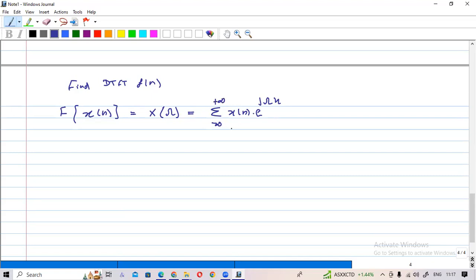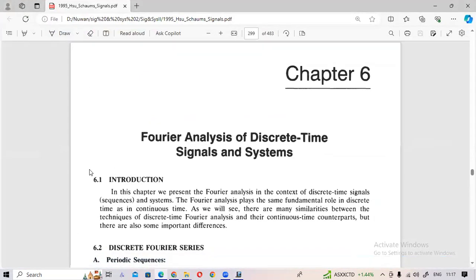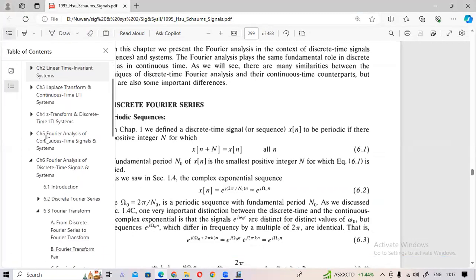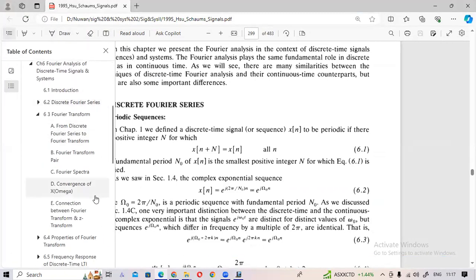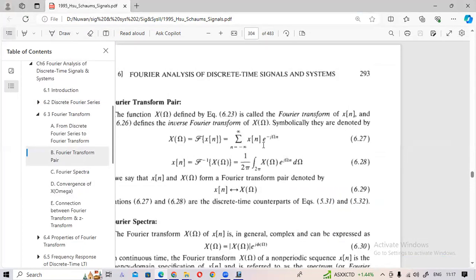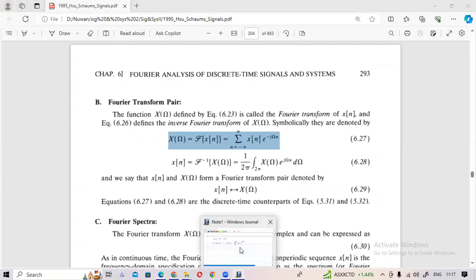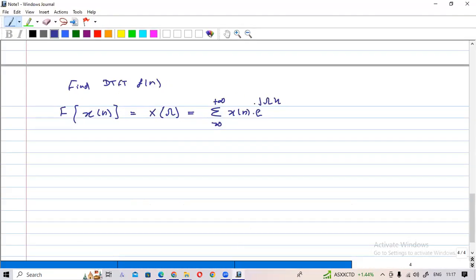This is the Fourier transform, no? Sorry, the exponent should be minus. So use this identity to find the transform of this signal.